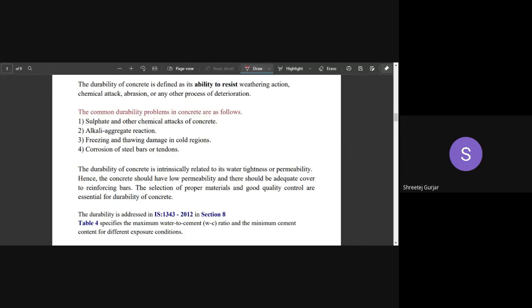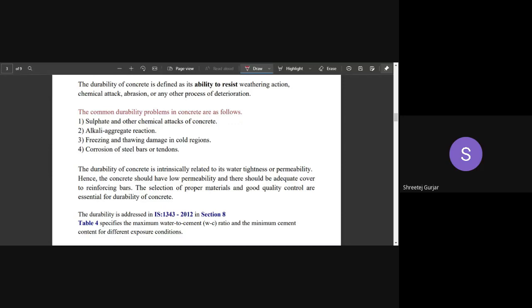Hence the concrete should have low permeability and there should be adequate cover for reinforcing bars. That is the main reason why we provide cover: to protect our reinforcing bars from the environment and other chemicals. So adequate cover needs to be provided and our concrete should have low permeability. That is our prerequisite for high strength concrete.